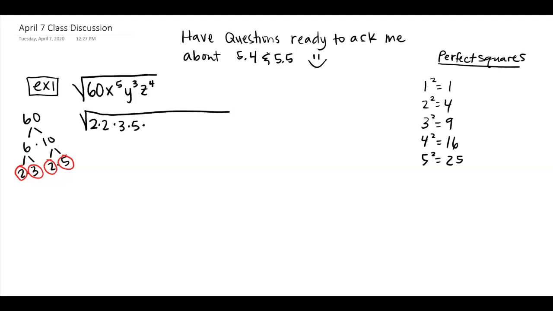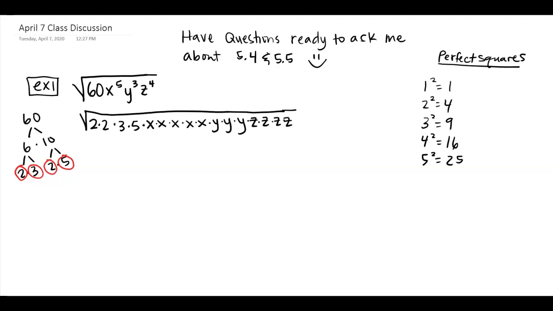And then I can see that there's 5 x's being multiplied together, so I'll have x times x times x times x times x, right? So 5 of them there. I have 3 y's, so y times y times y, and then I have 4 z's multiplied together, so z times z times z times z.